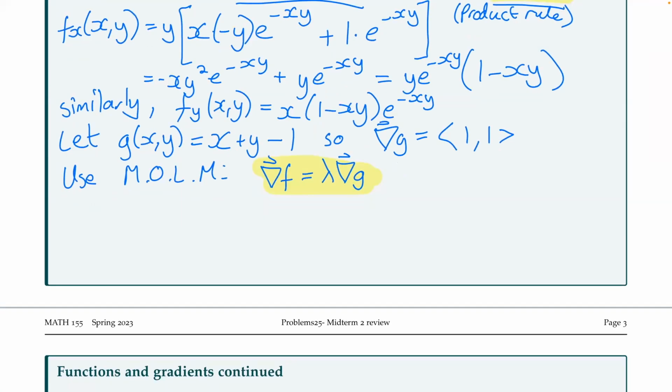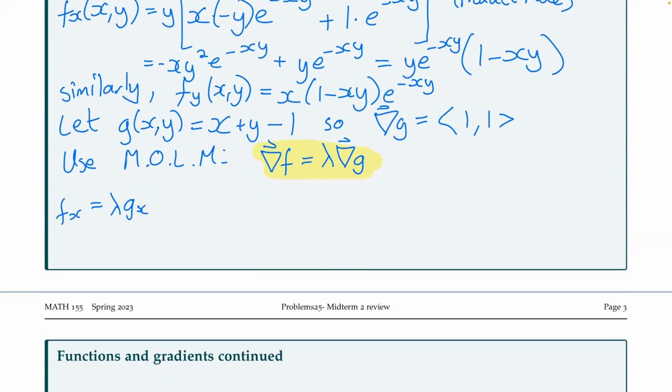Okay, so we have this vector equation here, and that means that we can break it down into different components. So if I think about my x component, I'm going to have f sub x is equal to lambda times g sub x. Likewise, f sub y is going to equal lambda g sub y. And then we also have our constraint. So what is f sub x?